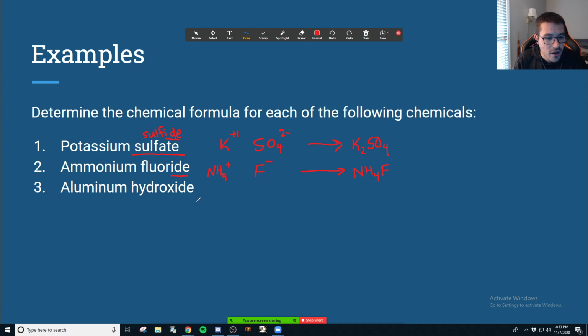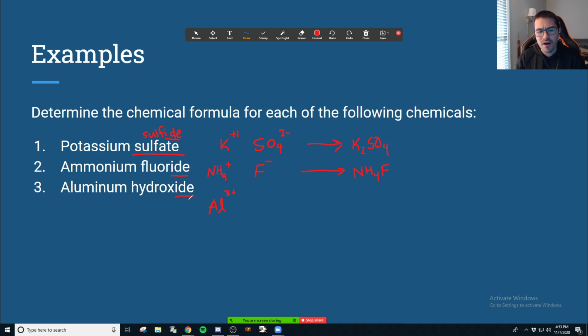All right, and then our final example here, aluminum hydroxide. Aluminum is an element. Based on its position in the periodic table, I know that aluminum is going to have a +3 charge. And hydroxide, this one is a tricky one, okay? I know it ends in "ide," and we just got done talking about how "ide" is an indicator that it's a monatomic ion, like sulfide would be sulfur, fluoride would be fluorine.